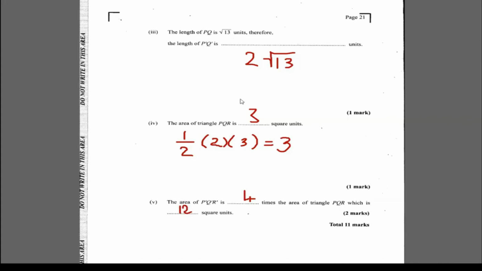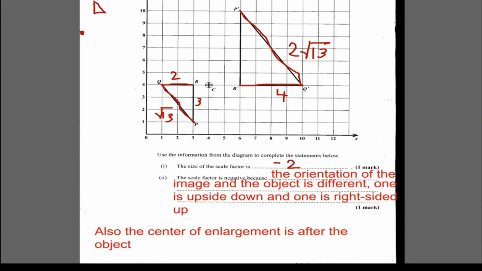You're asking me, sir, how do you know that this is 12? Now, this is clearly going to be 12 because there's a formula that tells us that the area of the image is equal to k squared times the area of the object. This formula, nice, must remember.